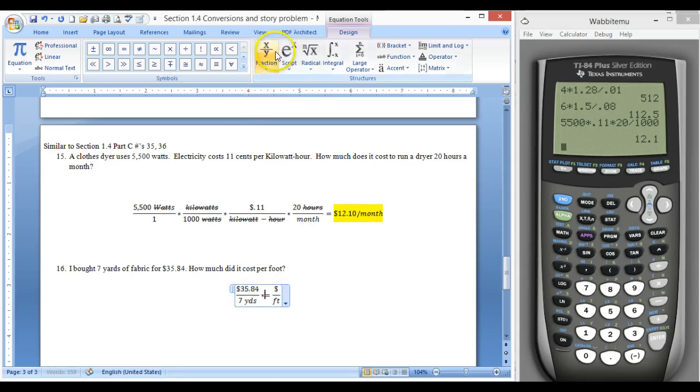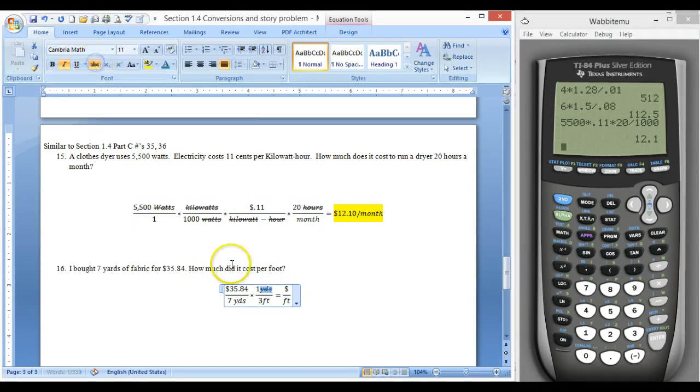So I'm going to multiply this by a conversion. I need to get rid of the yards on the bottom, so I put yards on the top to cancel and replace it with feet, and I know 3 feet is in 1 yard. The yards will cancel. There we go. And I'm left with dollars on the top. The yards are gone, so dollars and feet.